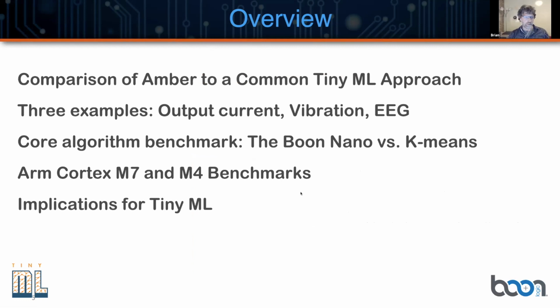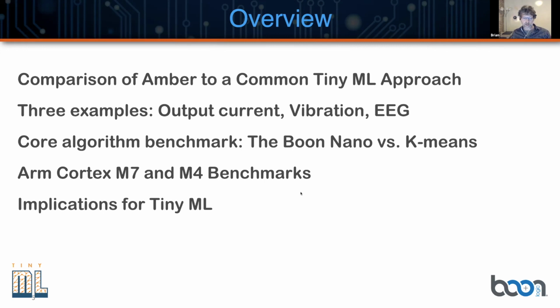Thanks, Rajan. Just a quick overview here, and then we'll get into our slides. What we want to do this morning is present a comparison of AMBER to what we see on the talks as a common tinyML approach, and think about the difference and contrast between those approaches. We have three examples.